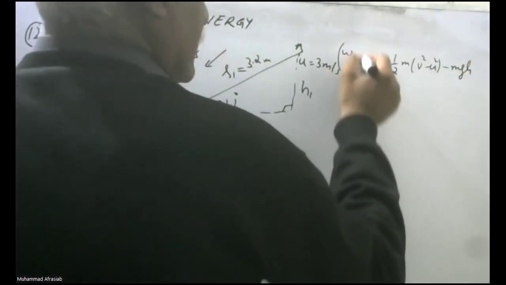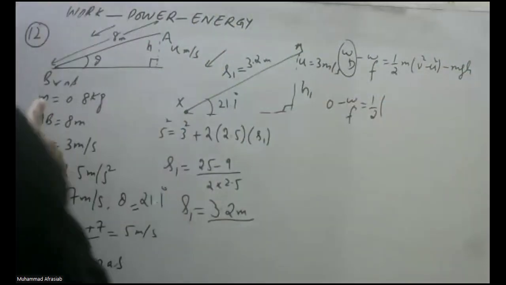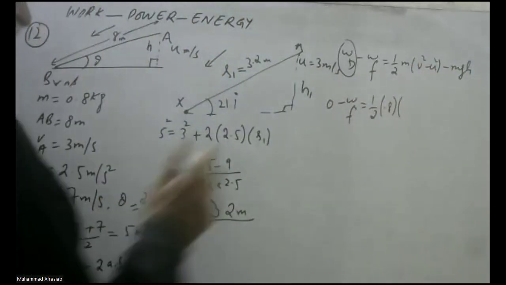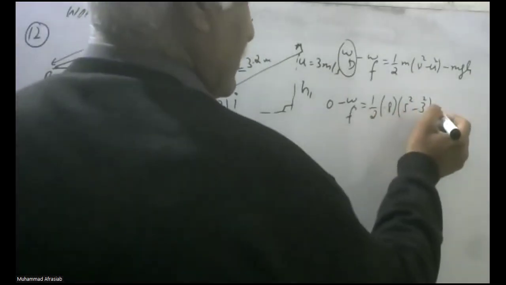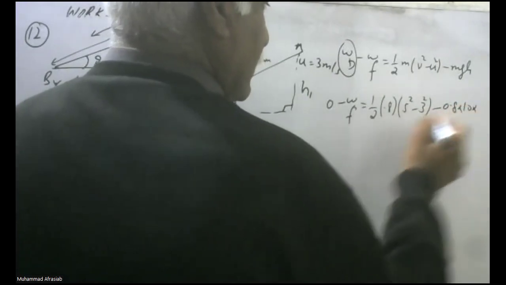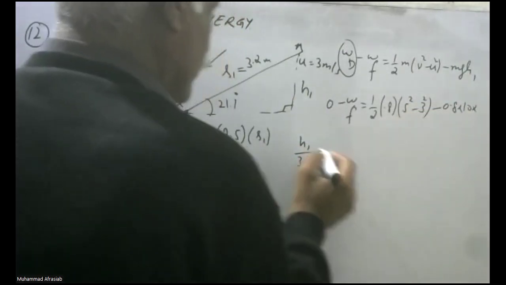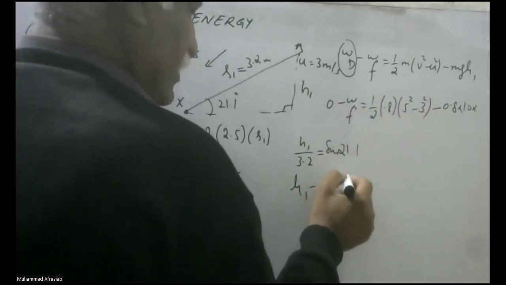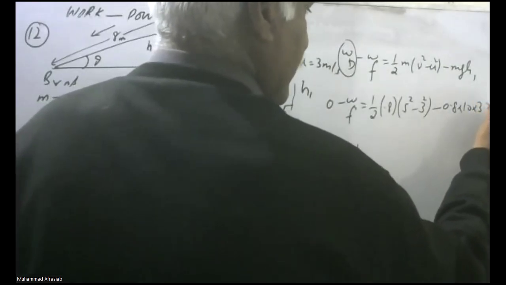But work done by driving force is equal to 0, minus work done by frictional force is half into mass of the particle, 0.8, into v square, the speed at X, which is 5, minus the speed at A, 3 square, minus m, that is 0.8, g is 10, and the height h1. h1 over 3.2 is equal to sine of 21.1, or h1 is equal to 3.2 into sine of 21.1.